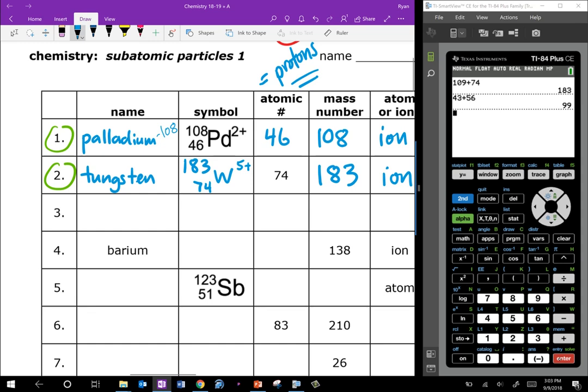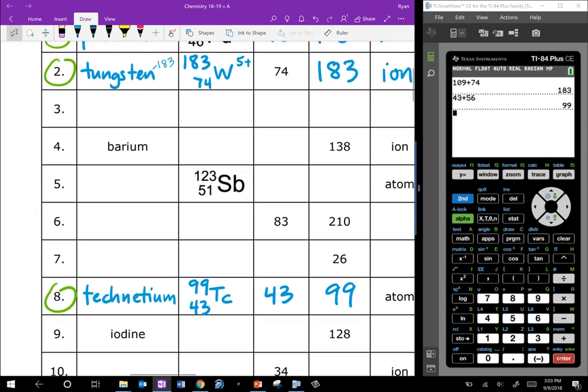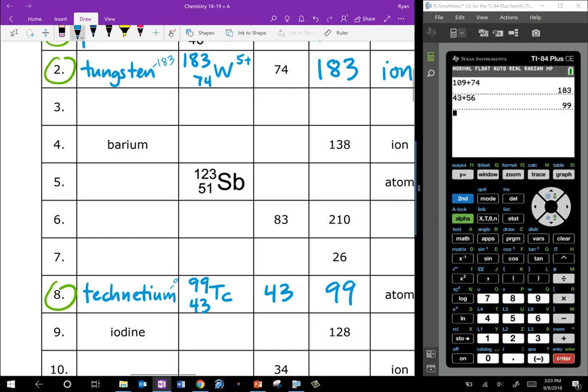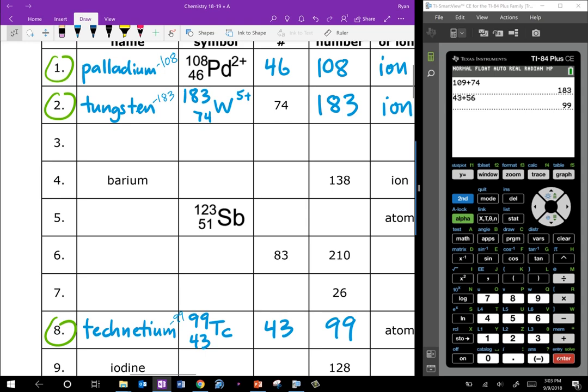Now I didn't leave you a very wide box, so unless you have very small penmanship, it might be hard to fit that in there. But we could call this tungsten 183 because that's its mass number. And remember, that's the format we use to show what kind of palladium, what kind of tungsten we're talking about in terms of its mass number. We could call this technetium 99. If you choose to do that, you can certainly do that as we go. You don't have to on this page, but it's about getting into your head how we use that mass number as part of its name.